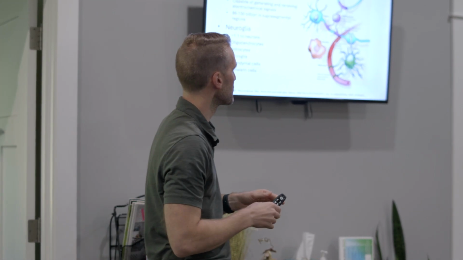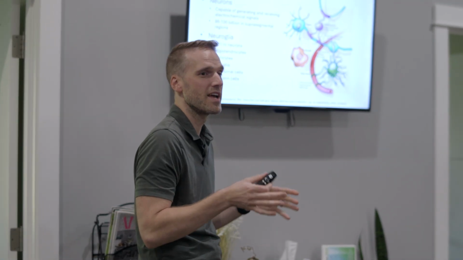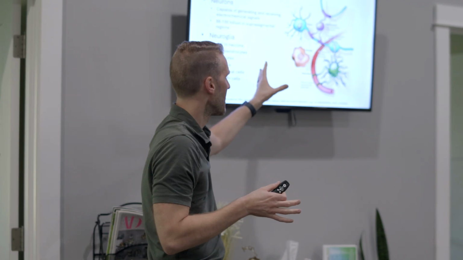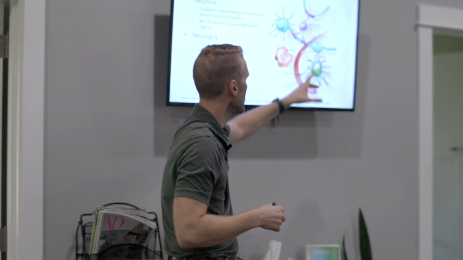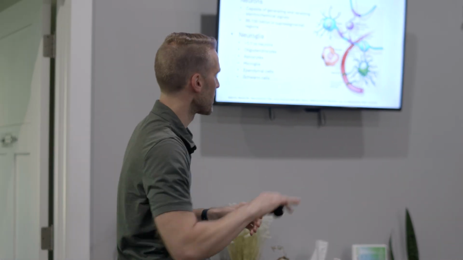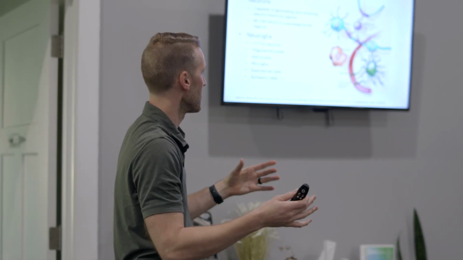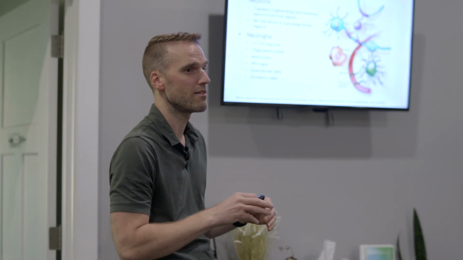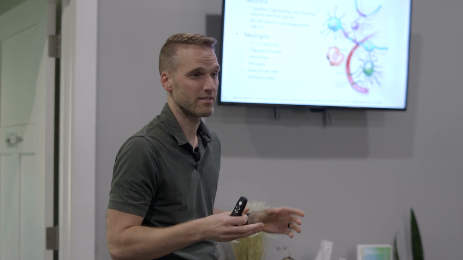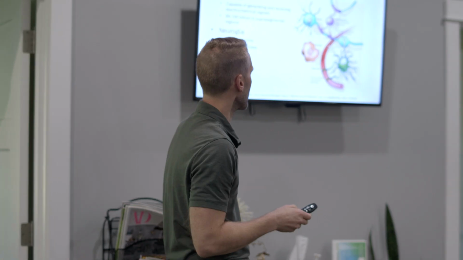But what we've learned is astrocytes have a much bigger role than just keeping the neuron healthy. It has a lot to do with how these synapses, or these connections between nerves, function within our brain. We're not going to dive deep into that, but our understanding of some of these other cells is growing, and they're much more complex than when I learned in school 15 years ago, when I graduated.